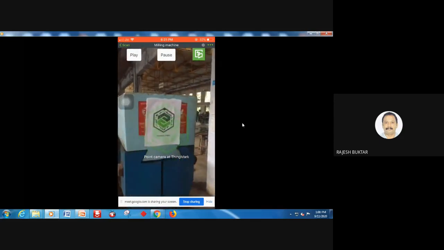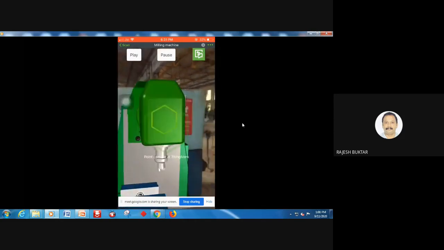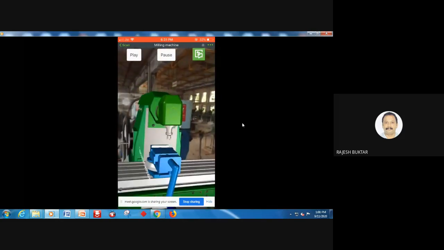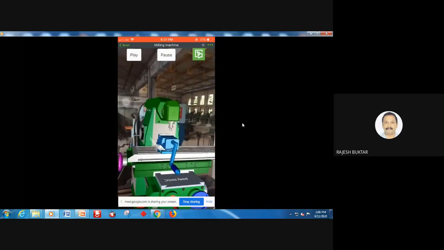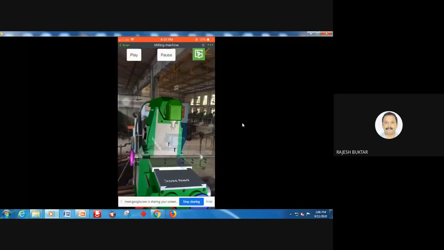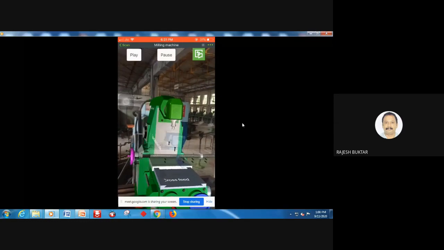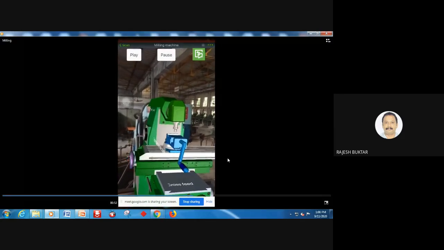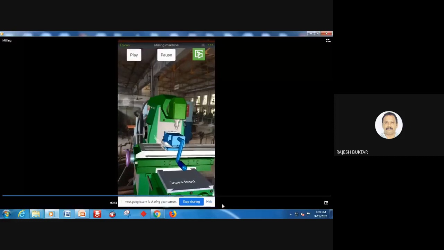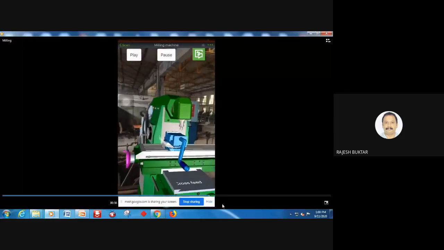And just paste a thing mark there, scan the thing mark, and the complete digital model or the lightweight model of the milling machine, which is developed in CATIA, ProE or SolidWorks software, will appear, and then one by one how the slide moves, where the rotation is from, how the lead screw moves, everything can be shown making use of augmented reality.